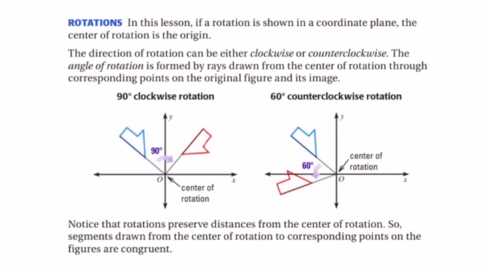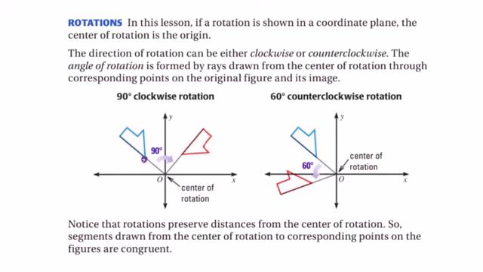Okay, rotations. In this lesson, if a rotation is shown on a coordinate plane, the center of rotation is the origin. Alright, we can rotate about a different point, however the origin is a fantastic point to use, 0, 0. Alright, so the direction of the rotation can be either clockwise or counterclockwise, and the angle of rotation is the one formed by the rays between corresponding parts.